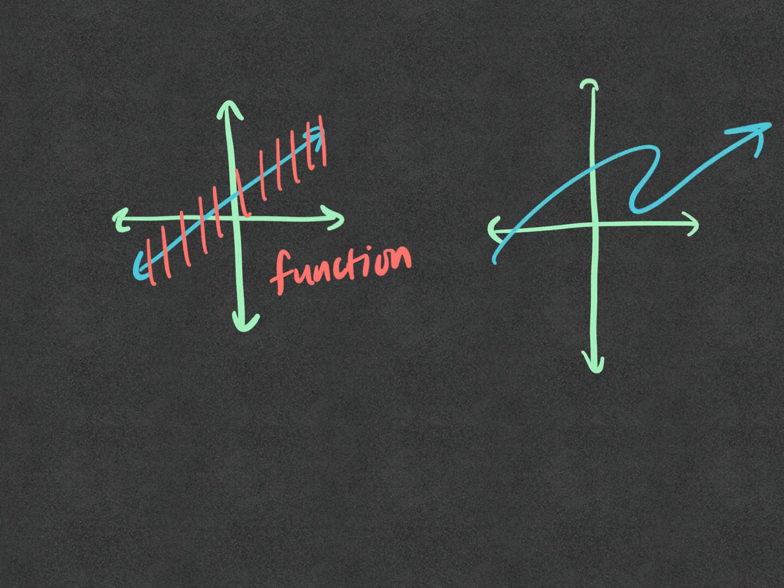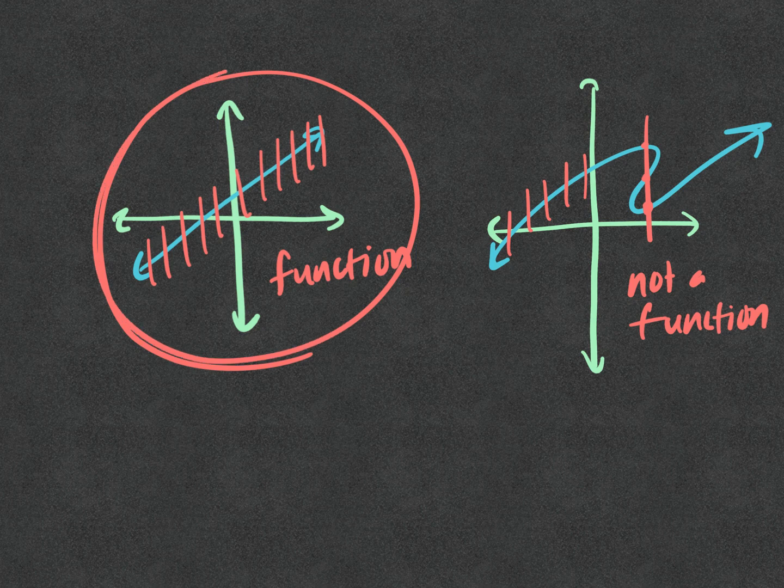If you look at this graph, when we draw vertical lines, somewhere in here, it touches the graph more than once. Not a function. Right away. If a vertical line touches the graph exactly once everywhere like it does in this first example, it is a function. Over here it touches more than once, it is not a function.